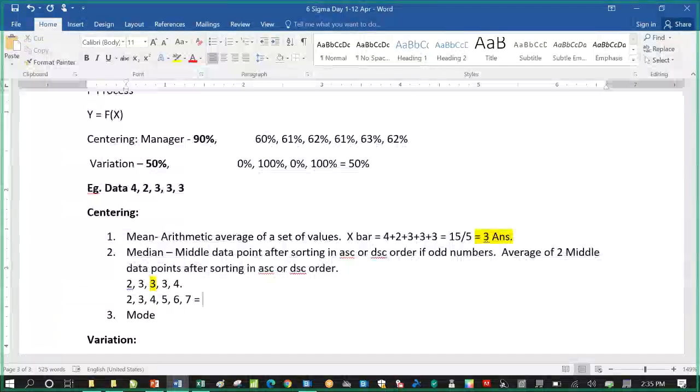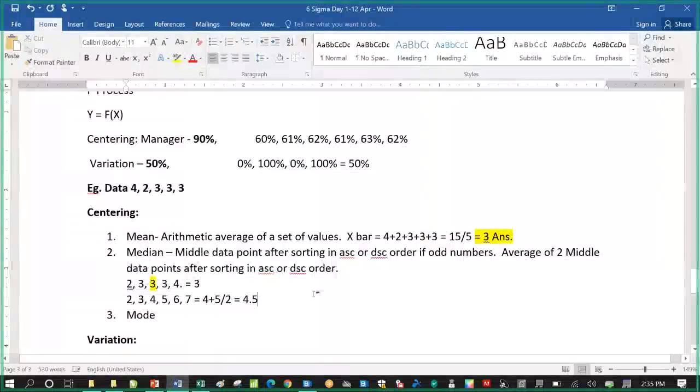It is the average of 4 and 5, which is 4.5. One thing you need to remember, which is very basic: when you are calculating median, you need to sort the data. If you don't sort it, don't randomly select the center one, because that will be a wrong representation.